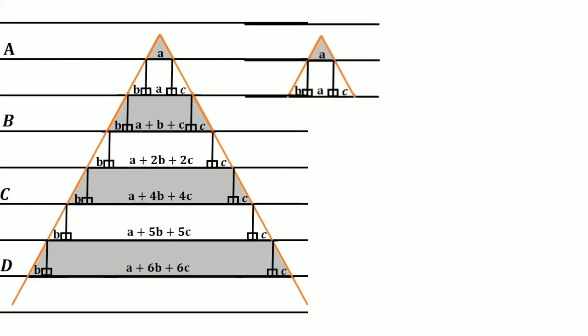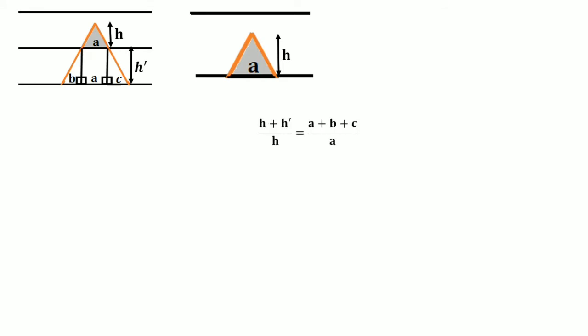Now observe this triangle. In these small triangles, let the altitude be h. In the other figure, this altitude is also h, and let the altitude of the trapezium be h dash. These two triangles are similar. So by the similarity rule, (h plus h dash) divided by h equals (a plus b plus c) divided by a, and we know that b plus c equals 6a.